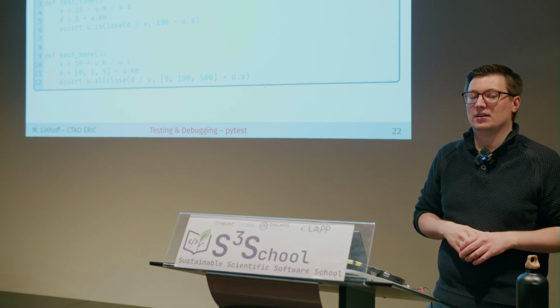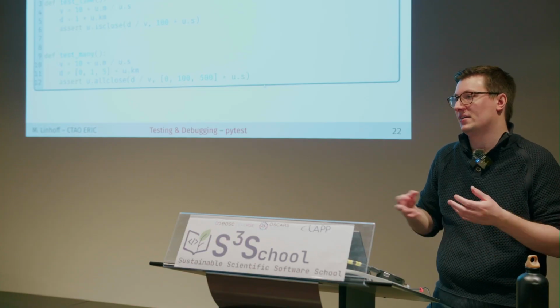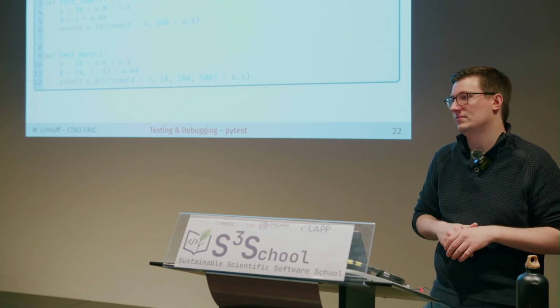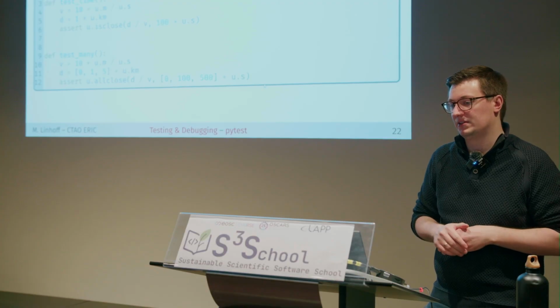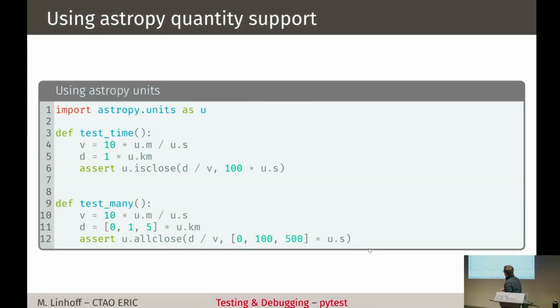For example, if you divide a length by a time, you will get an array that has the physical quantity of speed, and it will correctly handle these units. And there are also helper utilities in AstroPy and in pint as well.